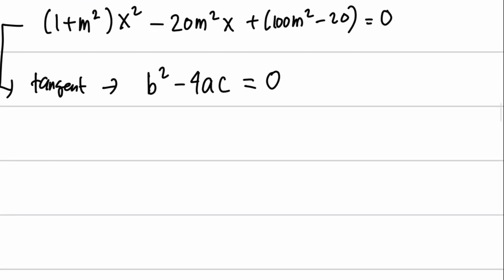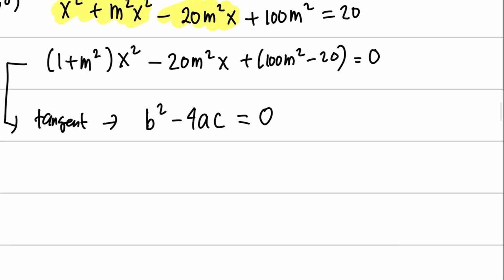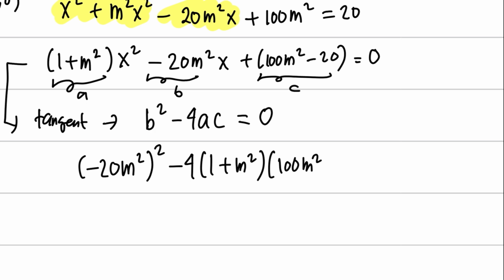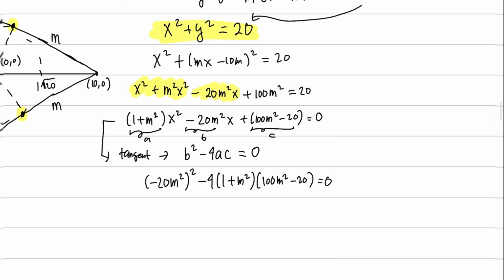So that means we just need to find the discriminant. This is our A, this is our B, this is our C. So we substitute. B squared means that we have minus 20m squared, squared, minus 4 times A, which is 1 plus m squared, times C, which is 100m squared minus 20. Must be equal to 0.